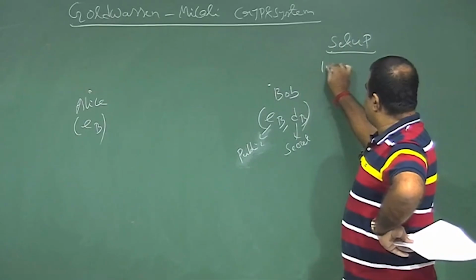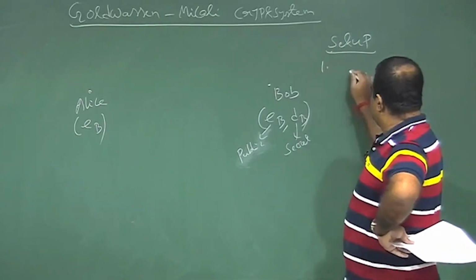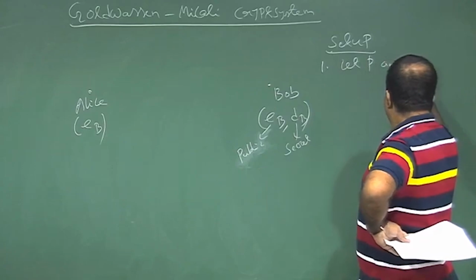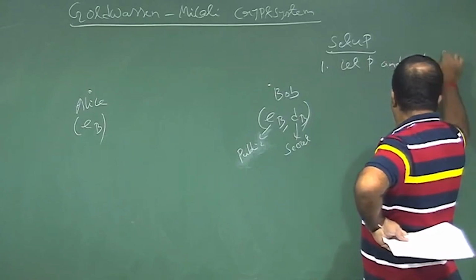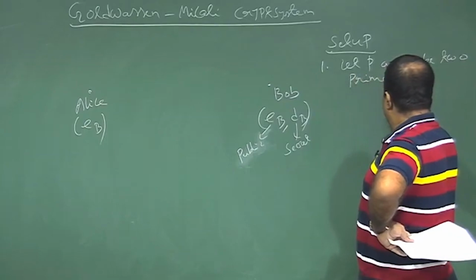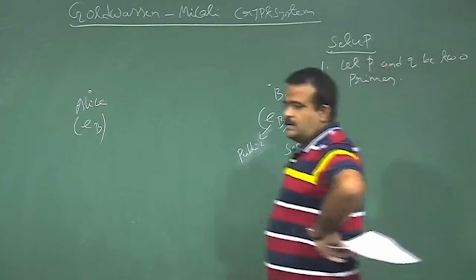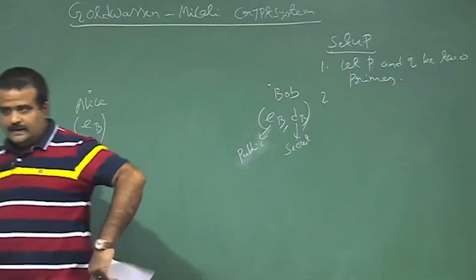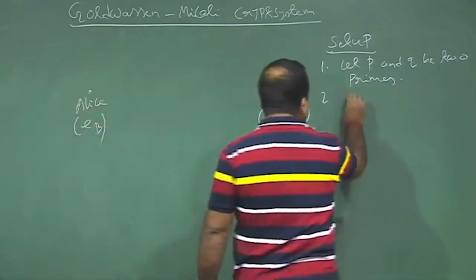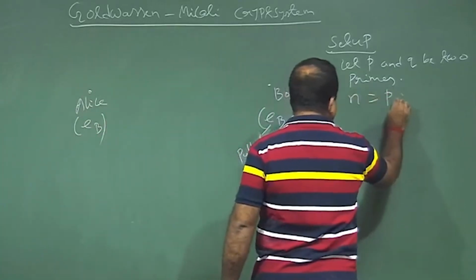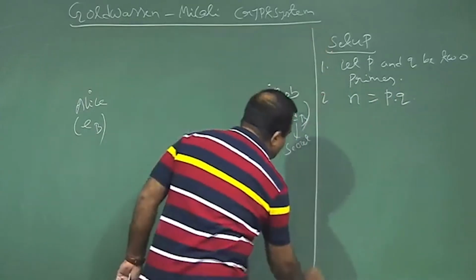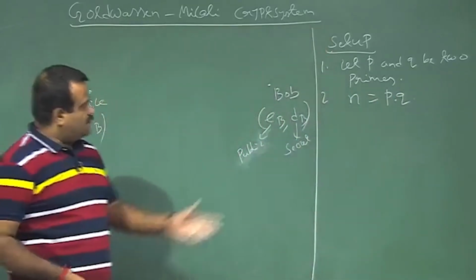Okay, so in the setup phase, Bob is choosing two prime numbers, let p and q be two prime numbers, and then Bob is computing n, which is basically p times q. This is the setup phase done by the receiver Bob.